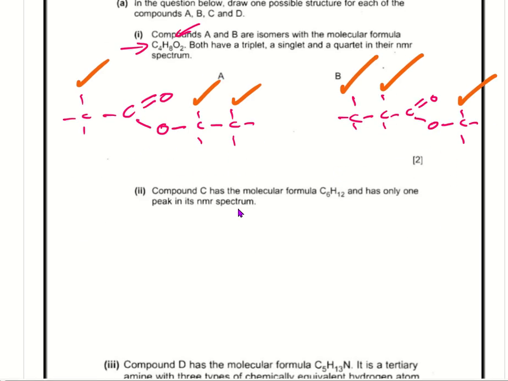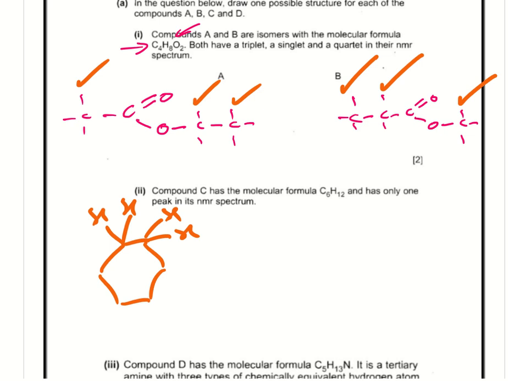Okay. Compound C only has one peak. Now, I suspect what I would do here is have a compound called cyclohexane, which has 2 hydrogens on every single carbon. This is different from benzene, in that benzene has a delocalized pi system.